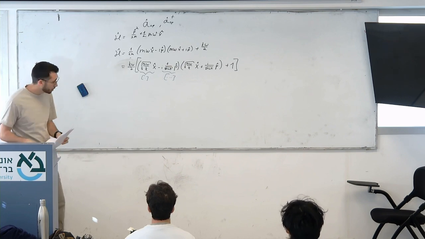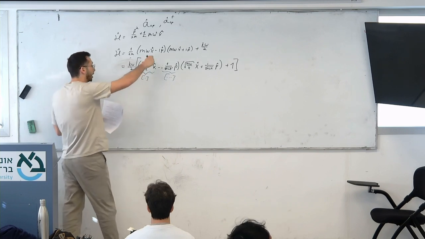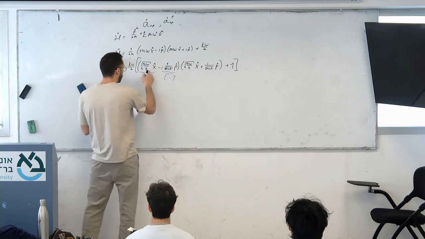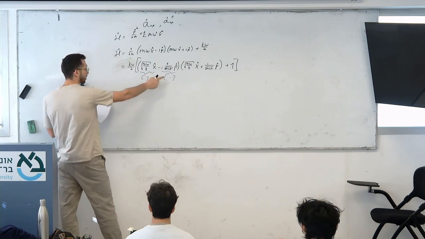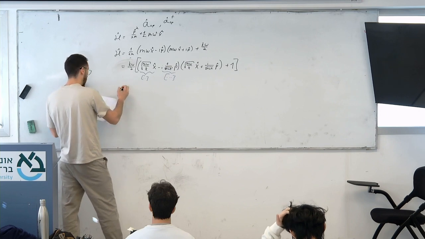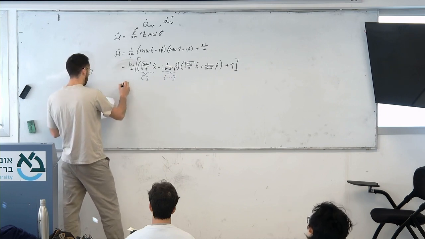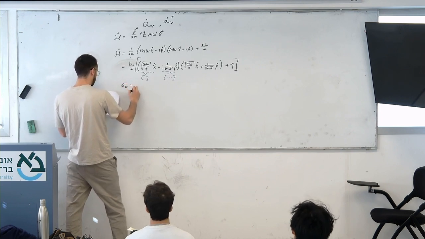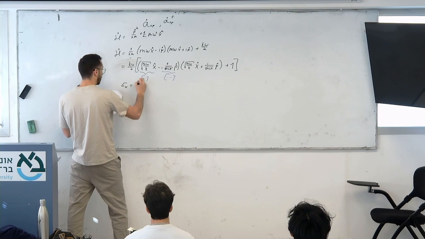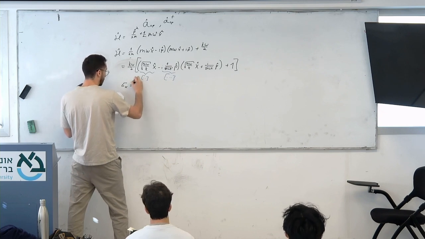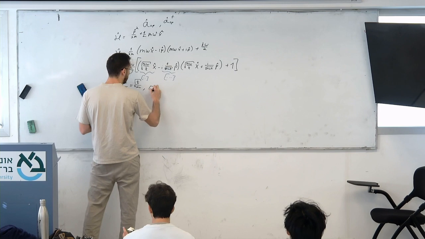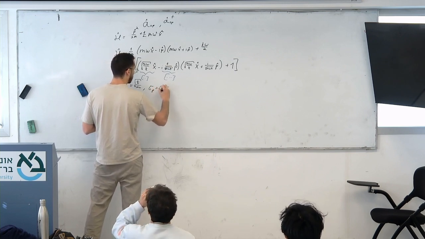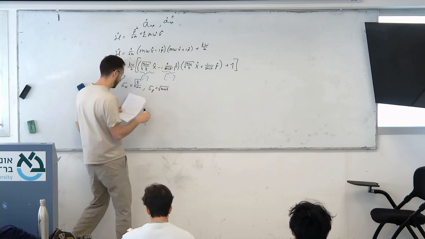And how do we do it? This term, the square root of m omega over h bar, we're already familiar with, and also the square root of m omega h bar. We defined last time sigma x and sigma p. Sigma x is the square root of h bar over m omega. Sigma p is similarly the square root of m omega h bar.